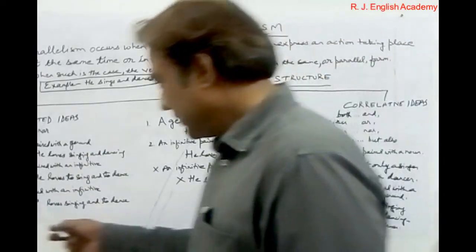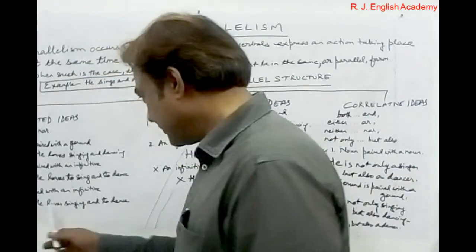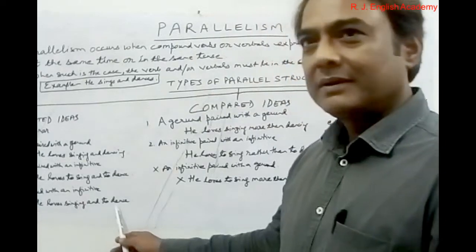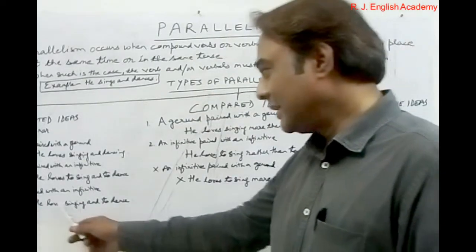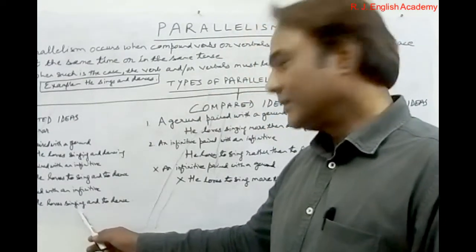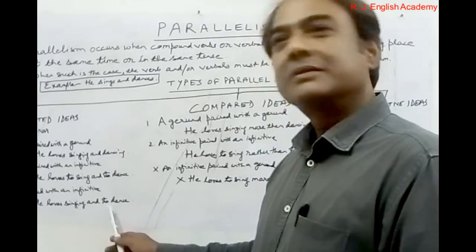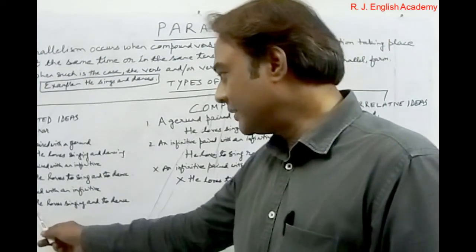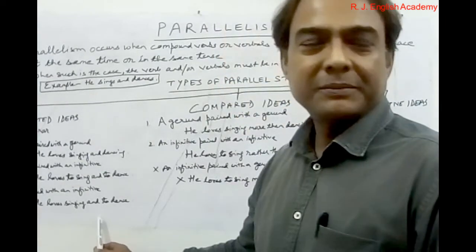For example, here we have paired a gerund with an infinitive: he loves singing and to dance. Singing is a gerund, to dance is an infinitive. So this sentence is incorrect.